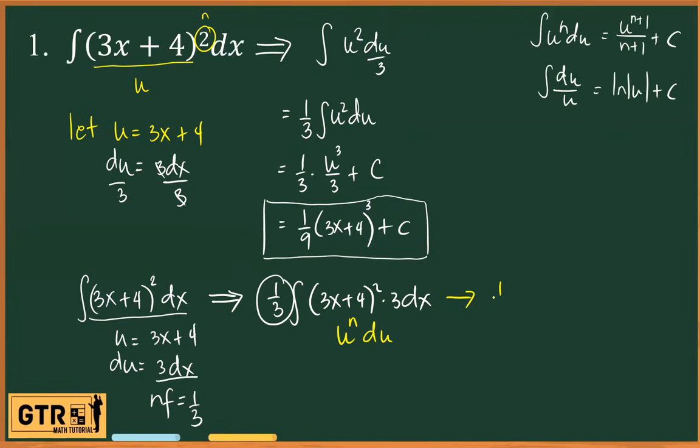So the answer is 1/3. No need to substitute the u because it's already in the form u to the n du. So we have 1/3 times (3x plus 4) cubed over 3 plus c. And then just simplify, and we get the same answer: 1 over 9 since we have 3 times 3. So 1 over 9 times (3x plus 4) cubed plus c.